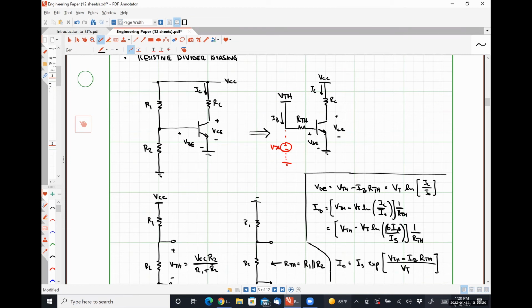So once we know IB, we can solve for IC, although we could have just multiplied IB by beta to get the same thing. But we've got a couple of different relationships that we can use here.